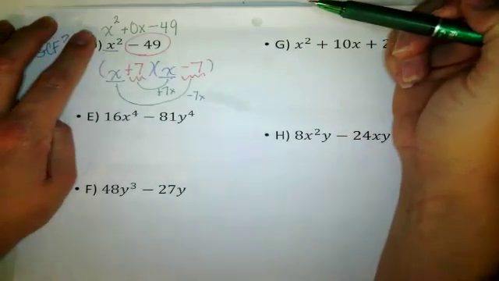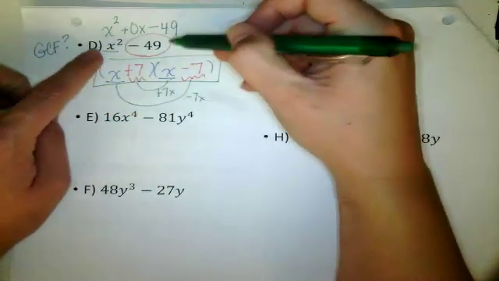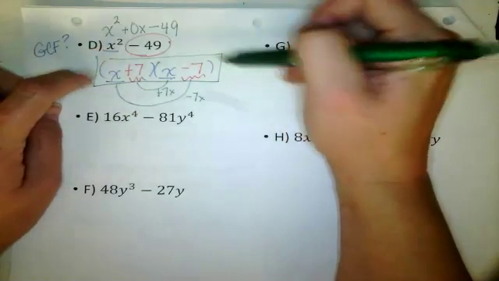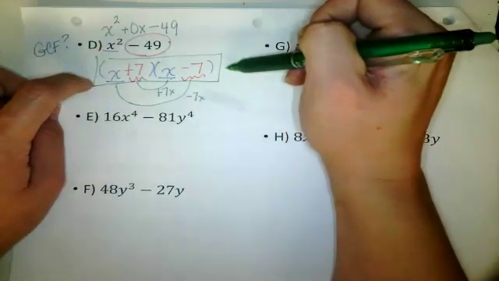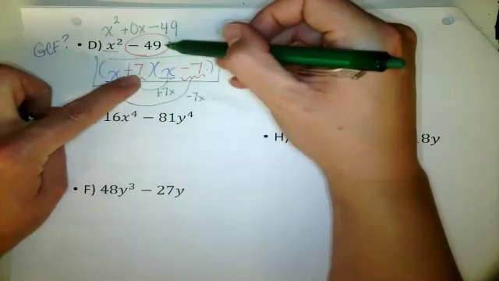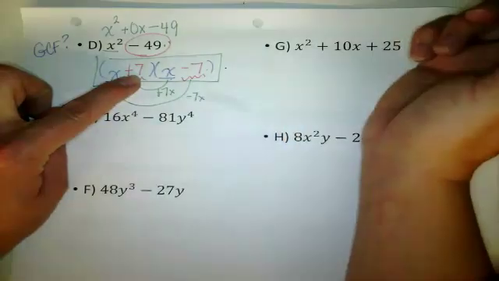Okay. So this is a special pattern. It's difference of squares: a perfect square minus a perfect square, and it's always going to factor in this manner. The nice thing is, just like we did on Friday, first times first has to be the first thing, last times last has to be the last thing, and the middle term cancels out.